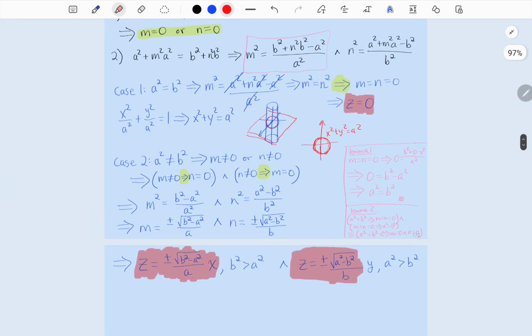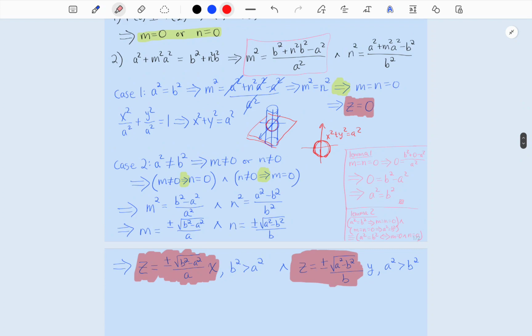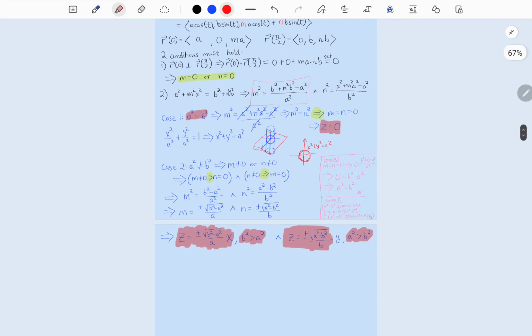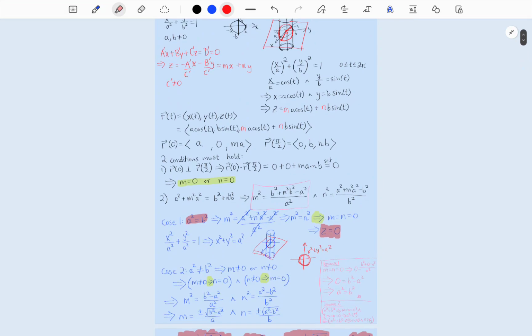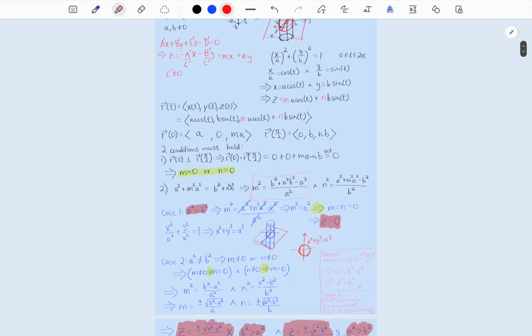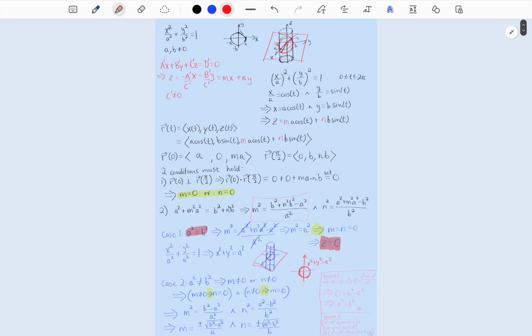So those are the cases: when a squared is equal to b squared, when b squared is greater than a squared, and when a squared is bigger than b squared. So I hope this was interesting to see. It's not a friendly problem at all.